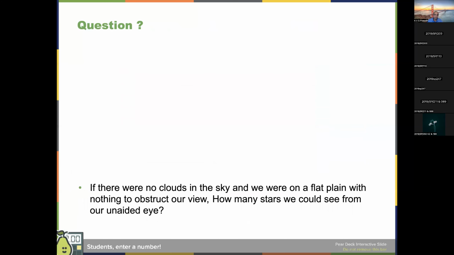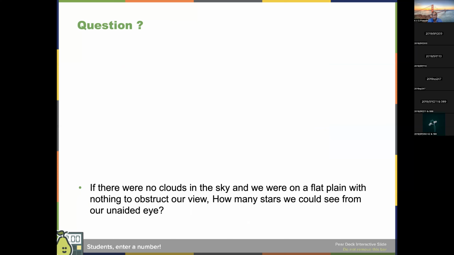Right. So let me have this question for you. If there were no clouds in the sky and we were on a flat plane with nothing to obstruct our view, how many stars could we see with our unaided eye?